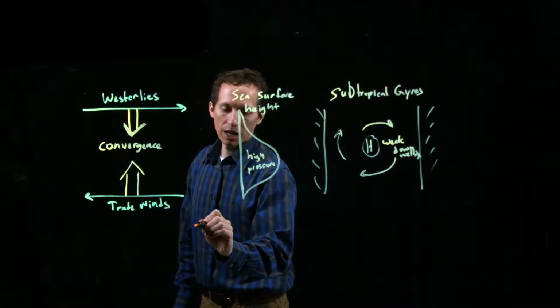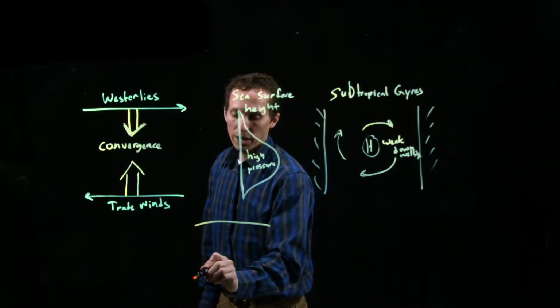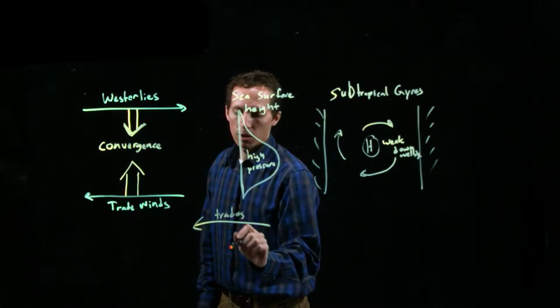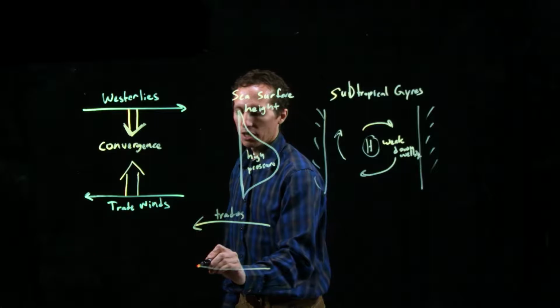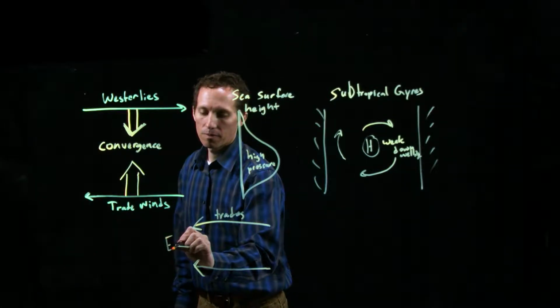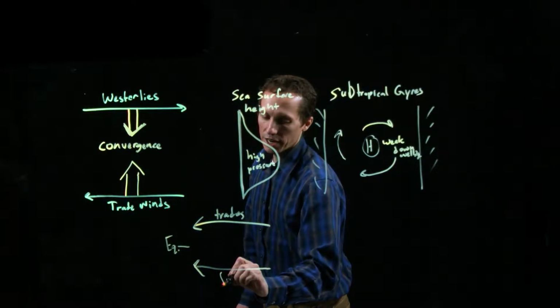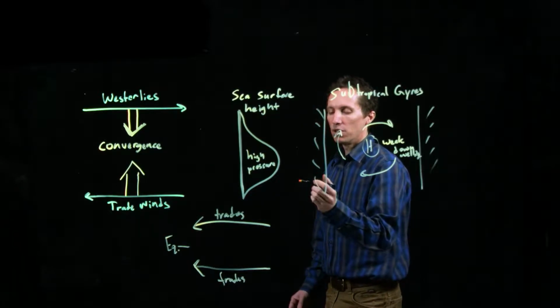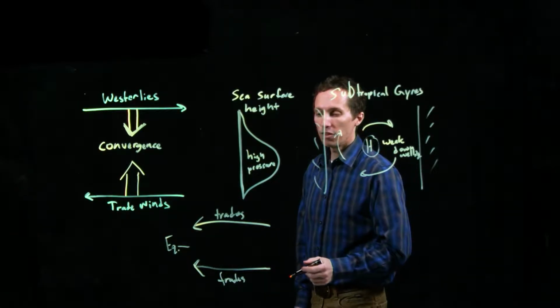Conversely, if we look at what's happening at the equator, we've got the trades moving that way to the north of the equator, and the trades moving to the west to the south of the equator.